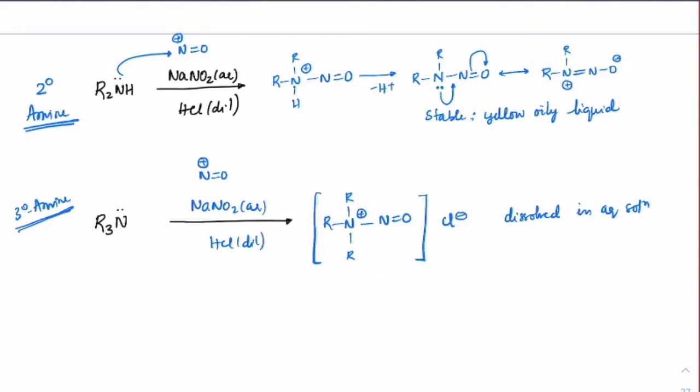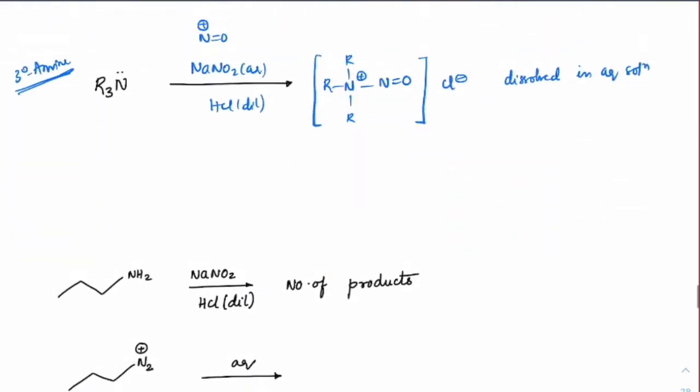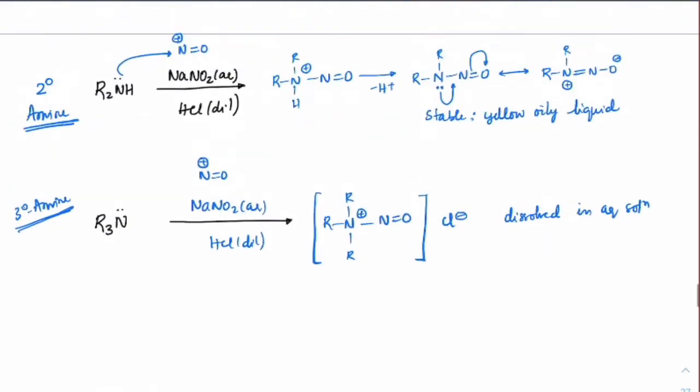In aqueous solution, no gas is released, which means it is a tertiary amine. Okay, I guess this point is clear. So we can use nitrous acid as the test for primary, secondary and tertiary amines.